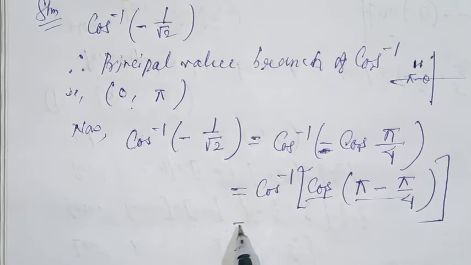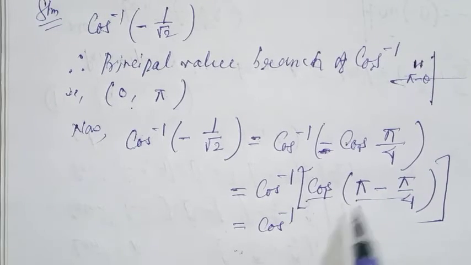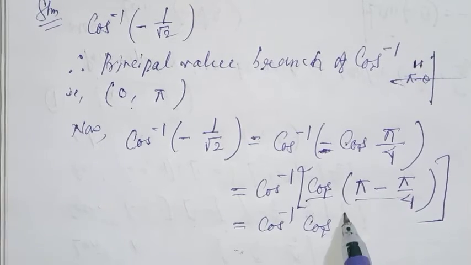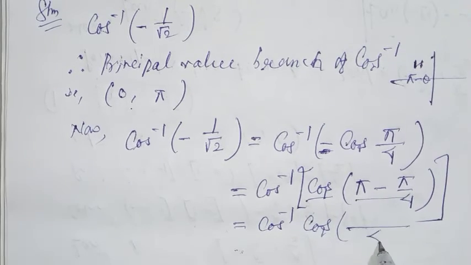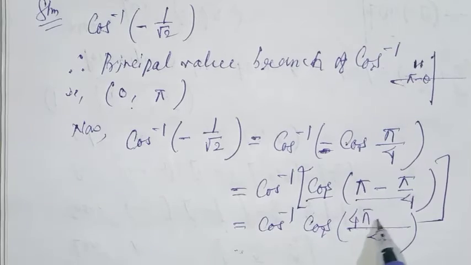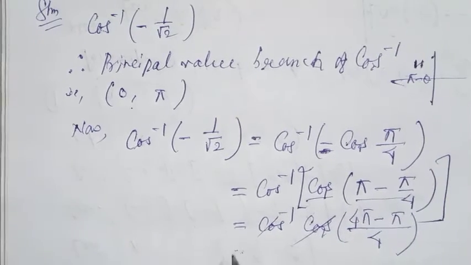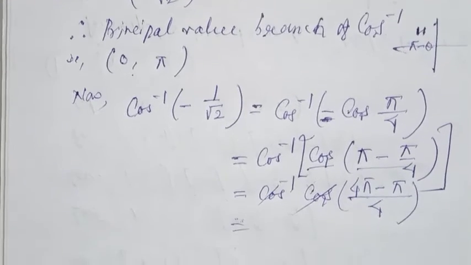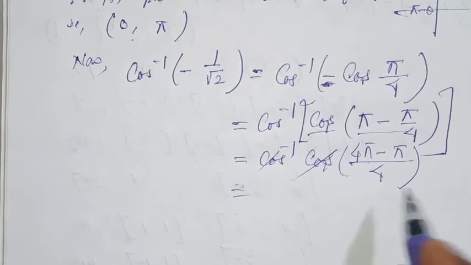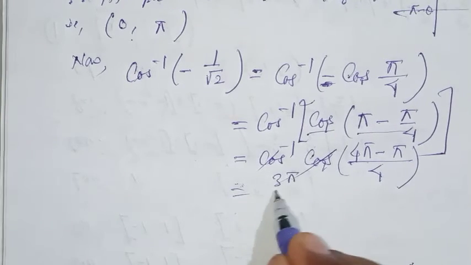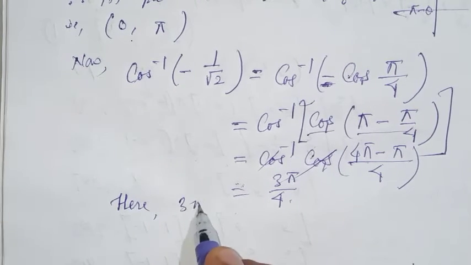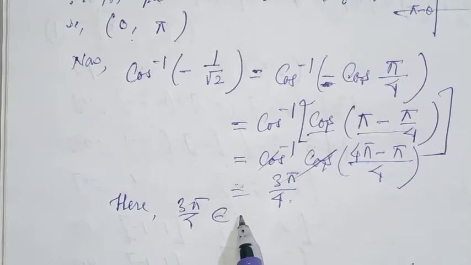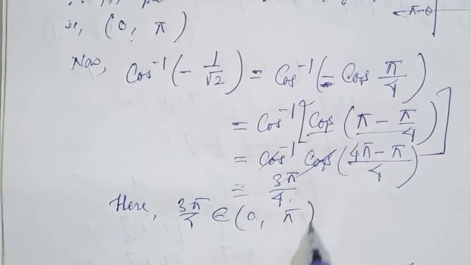So what is the value now? Cos inverse cos, now calculate this. This is 4 pi minus pi, this and this cancel. What is your answer? 3 pi by 4. Here 3 pi by 4 belongs to 0, pi.